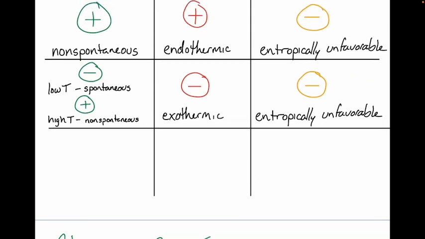All right, and then lastly, we can look at the flip side here. What if we have an endothermic reaction? The universe doesn't really like endothermic reactions, but it is entropically favorable.